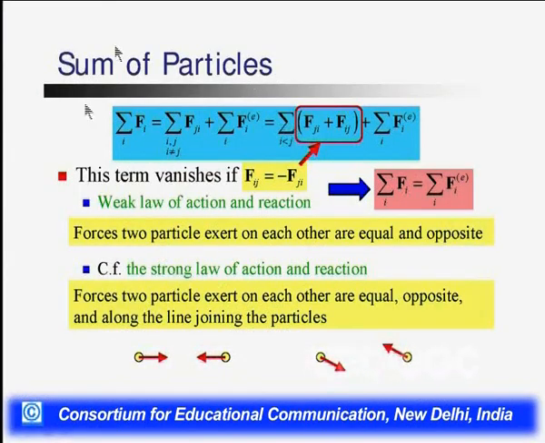We take all the j particles which exert a force on the i particles. We have all the i particles, so we can write the summation of forces on all the particles. That will be the summation over i of Fi is equal to the summation over i, j with i not equal to j of Fji, plus the summation over i of Fie. Here we are defining the external force acting upon all the ith particles, and the jth particle exerts a force on all the ith particles.